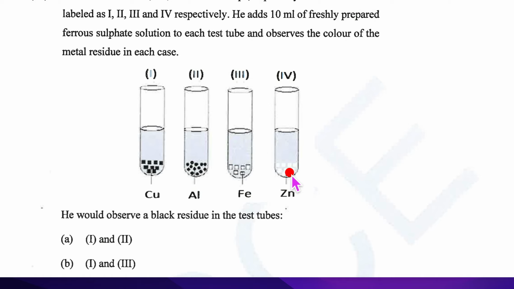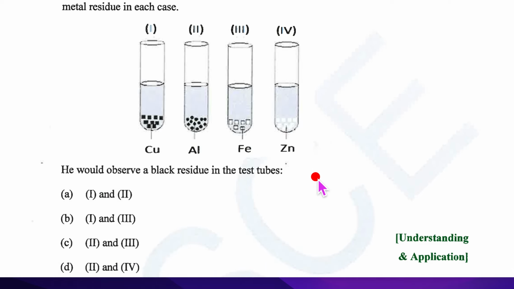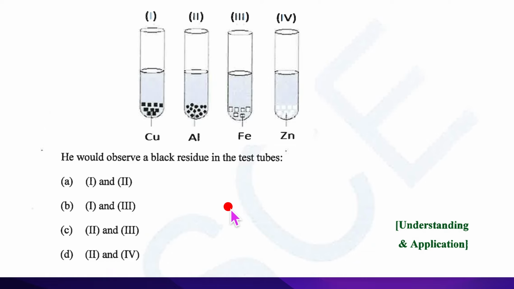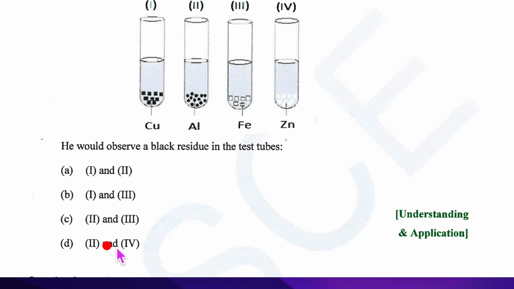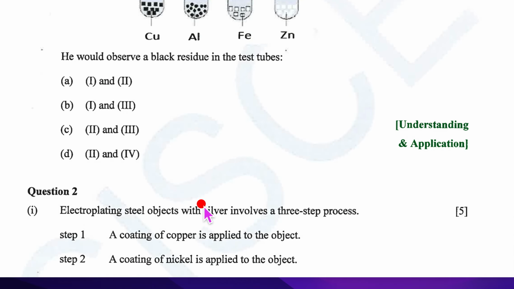And zinc over here with FeSO4 again will displace Fe, and zinc will go in the solution, and Fe will be settling down here, that will be black. Now in reality they will be second, third and fourth. These three will be having black residue, but here they have given only second and fourth. So that is the correct option over here. In reality this also should have been added.